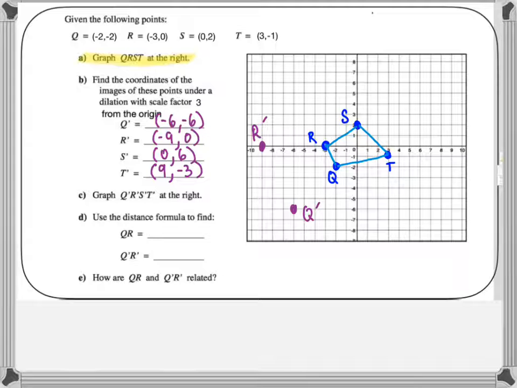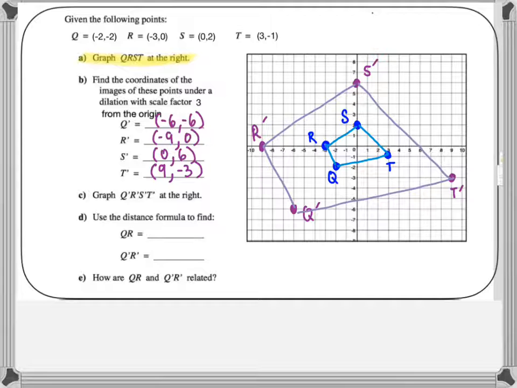And 0, 6, which is S prime. And then we have 9, -3. And that is T prime. Okay, and if I connect all the dots, I'm going to get a quadrilateral that is 3 times larger than the original.